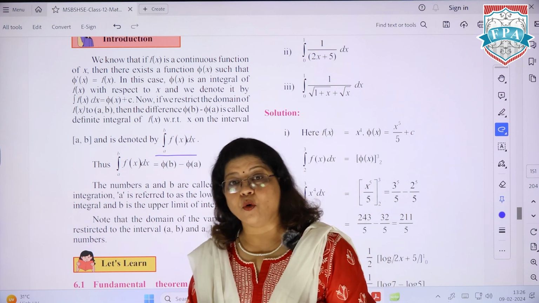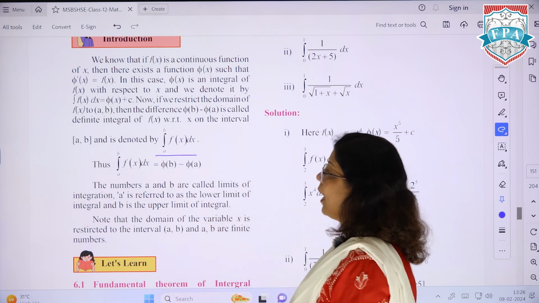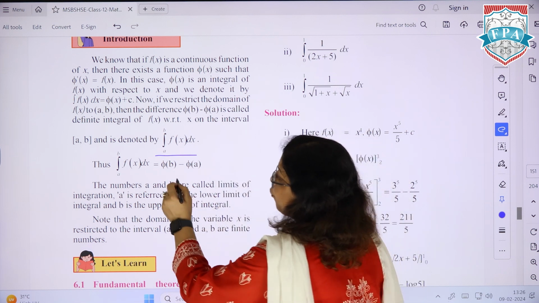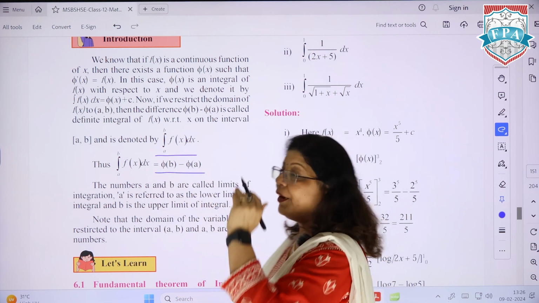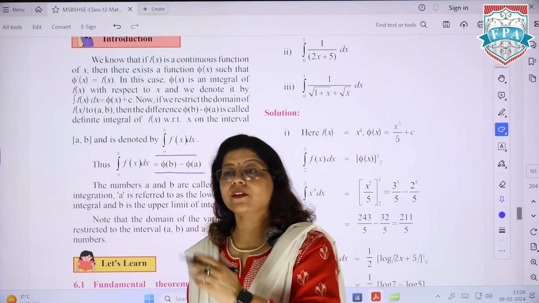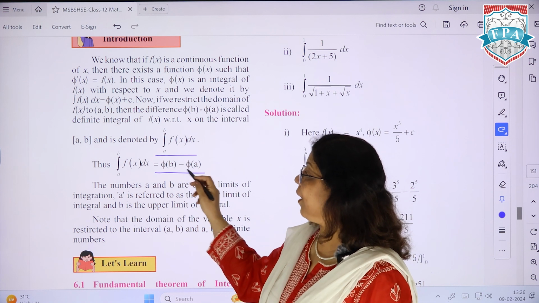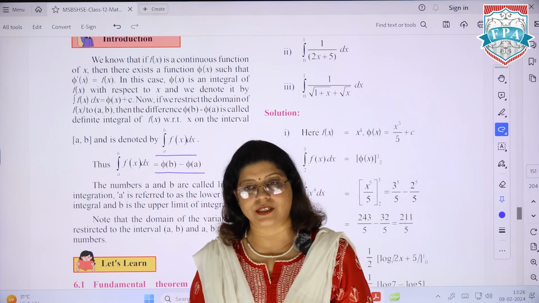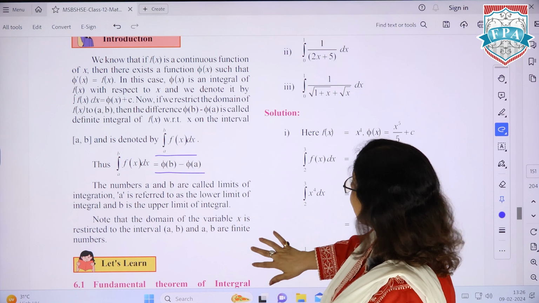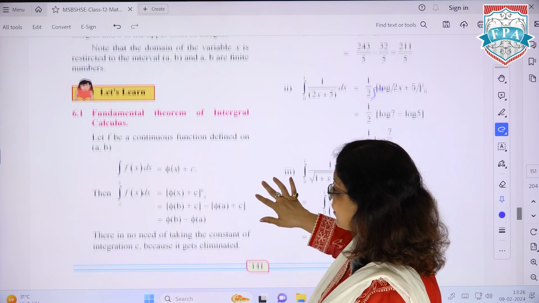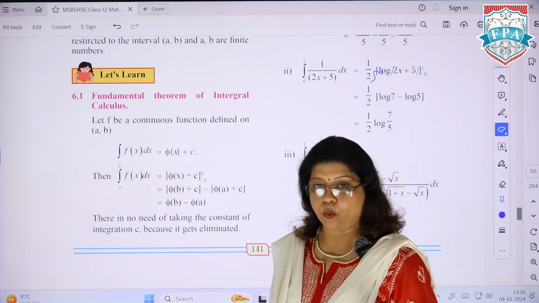Now a is the lower limit, b is the upper limit, and when you get the final answer, first we'll substitute the upper limit in that and then substitute the lower limit and subtract those two terms to get the final answer. Otherwise integration आप exactly वैसे ही solve करोगे जैसे हमने previous question में किया हुआ है.